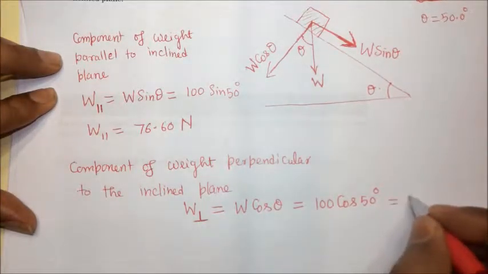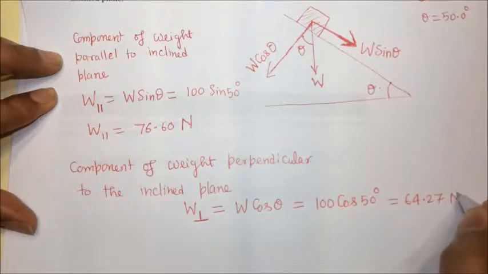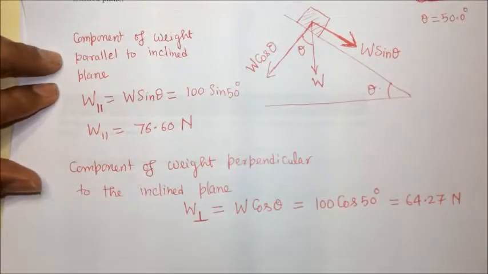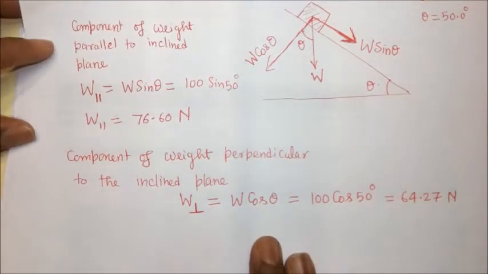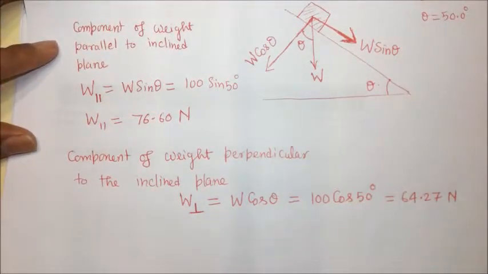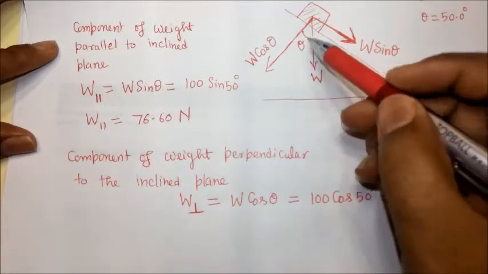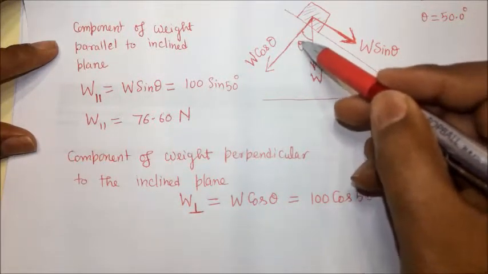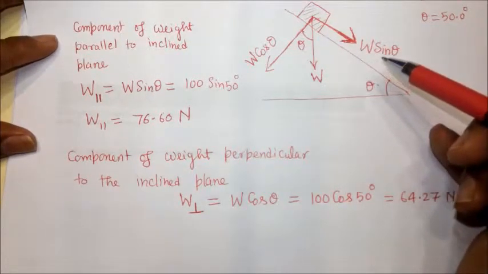That is going to be 64.27 Newton. So that was an easy example. We need to know that if this is theta, this is also going to be theta. This is the important thing, and one can easily prove it. It's not difficult at all.